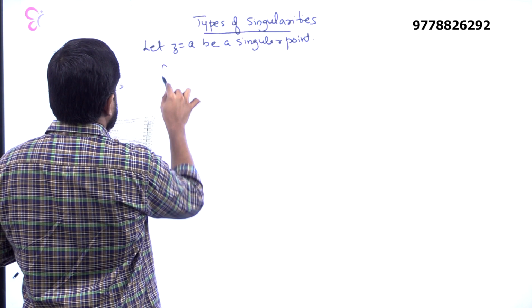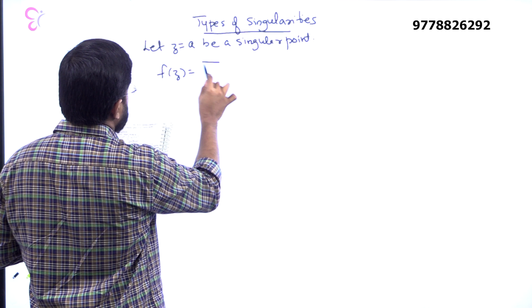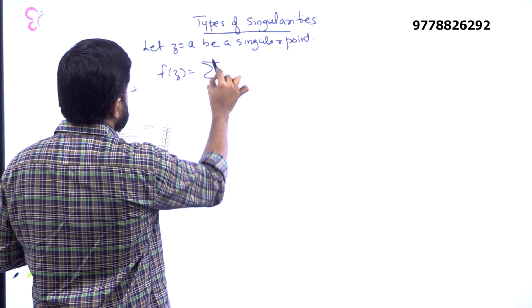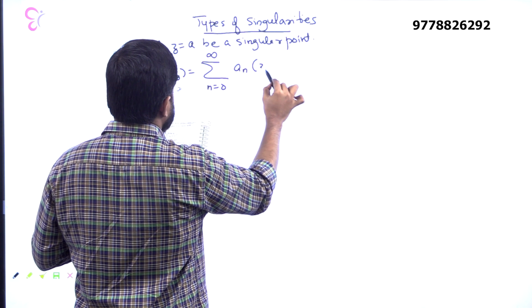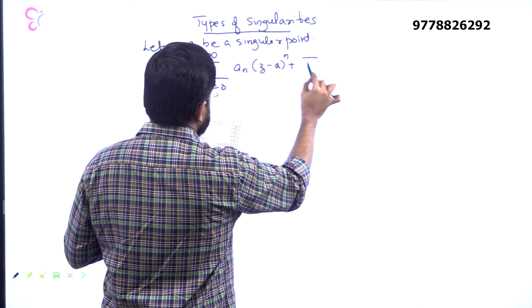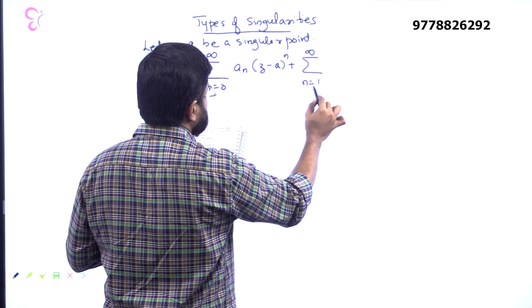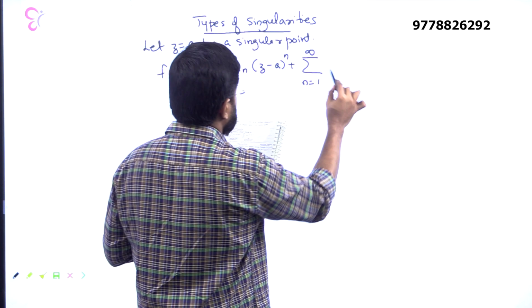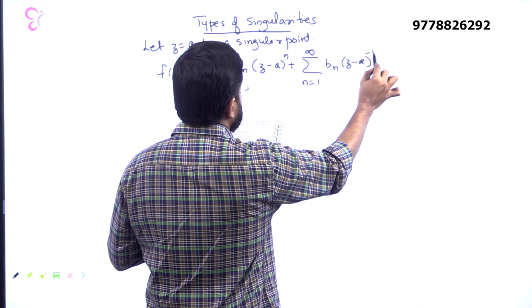So I have f of z is equal to summation n equal to 0 to infinity a_n into (z minus a) whole power n, plus summation n equal to 1 to infinity b_n (z minus a) whole power minus n.